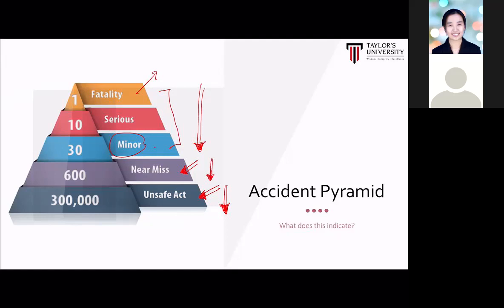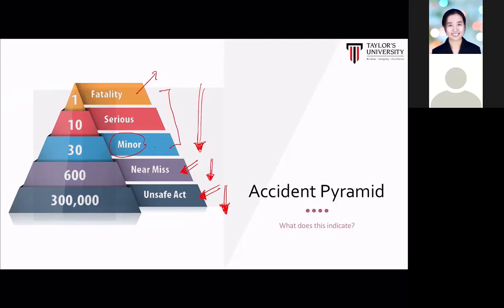Okay, all the near-miss accidents, you must report them. You can't just say, it's a near-miss, now I just don't care, because near-miss means the accident already happened. It's just that the person is so lucky that they got away without any injuries. But it doesn't mean that it is safe. It's already telling us it's not safe, let's take action.